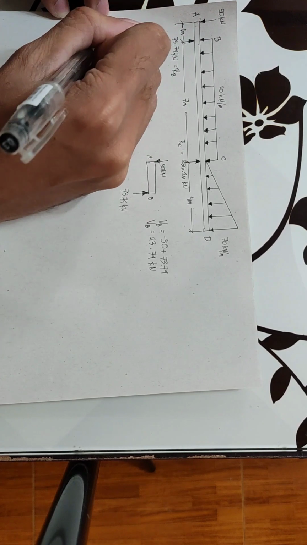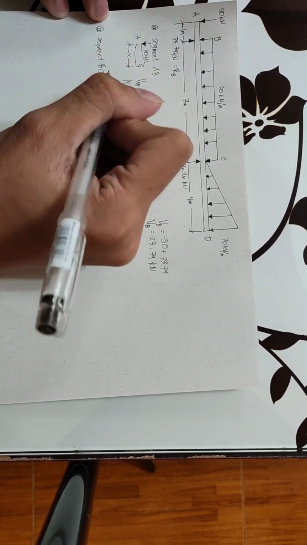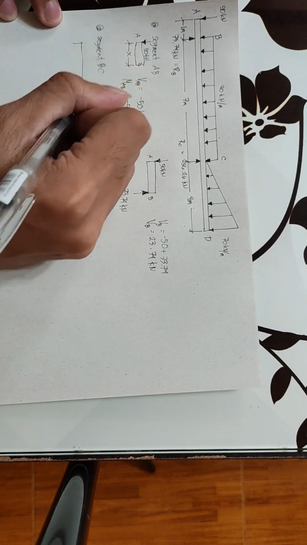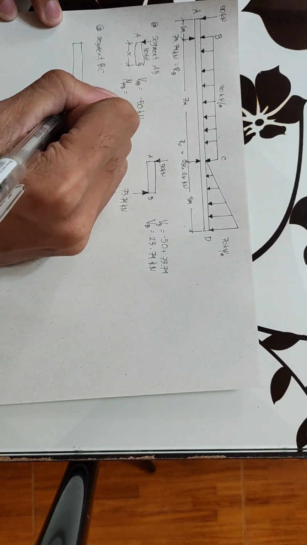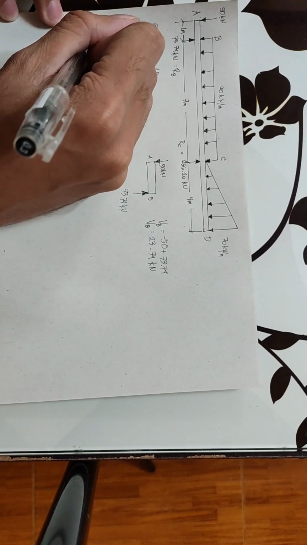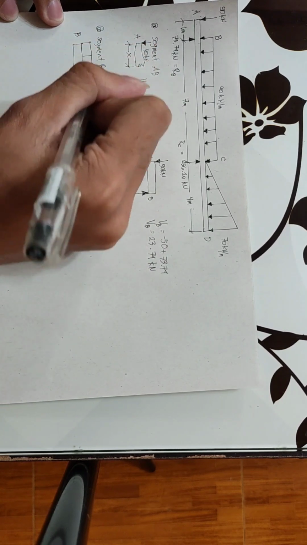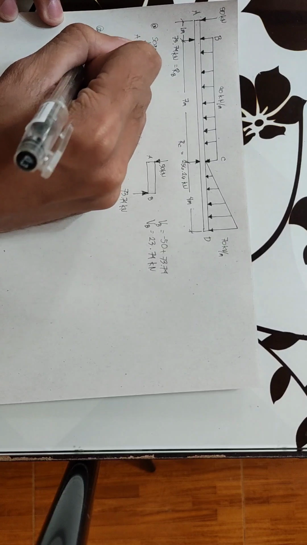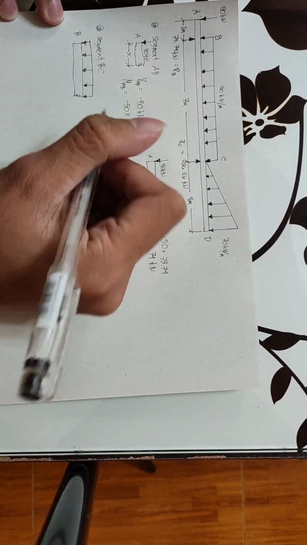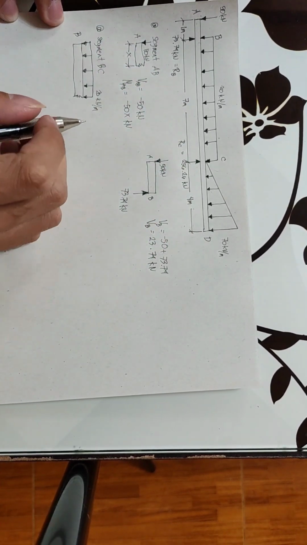So at segment BC, we draw this, this is B, and there is a uniform load here. It has 20 kilonewton per meter, the uniform load.